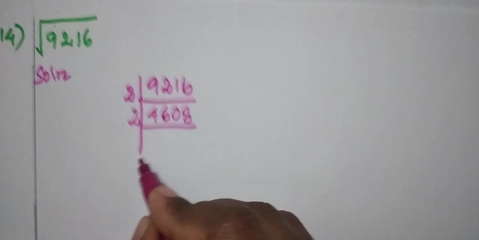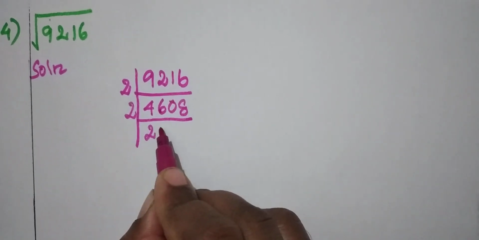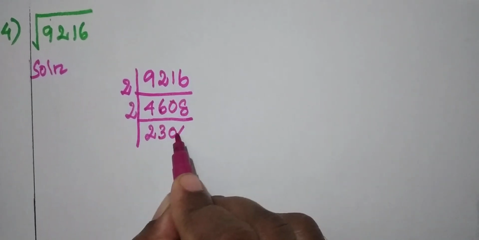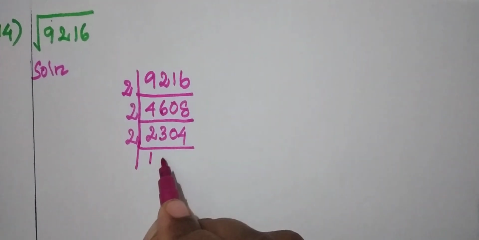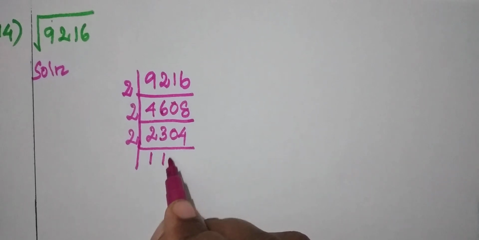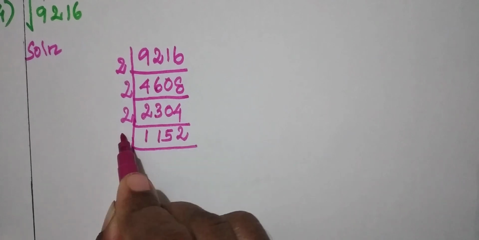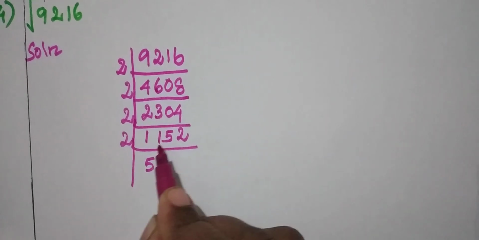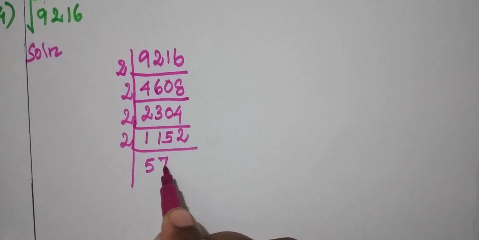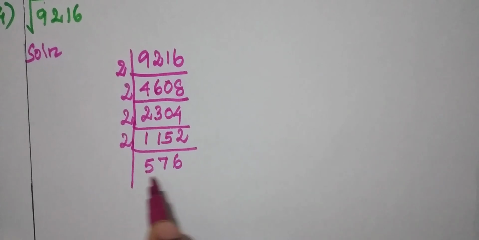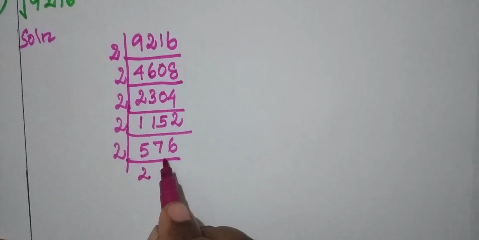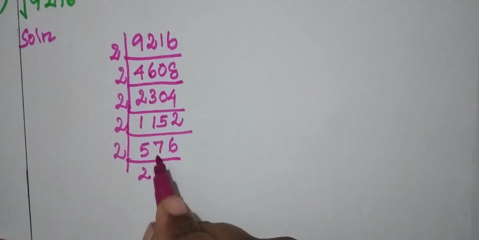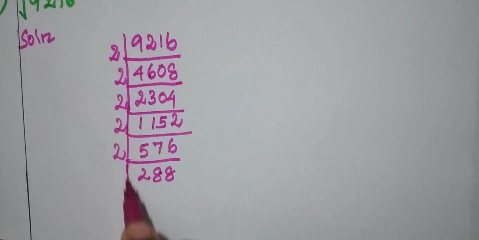So again do it with 2 tables. 2 2s are 4, 3 2s are 6, 0, 4 2s are 8. 1 2 is 2, 1 2 is 2, remaining 1, 5 2s are 10, 2 2s are 4. 5 2s are 10, remaining 1, 7 2s are 14, remaining 1, 6 2s are 12. 2 2s are 4, remaining 1, 8 2s are 16, remaining 1, 8 2s are 16.